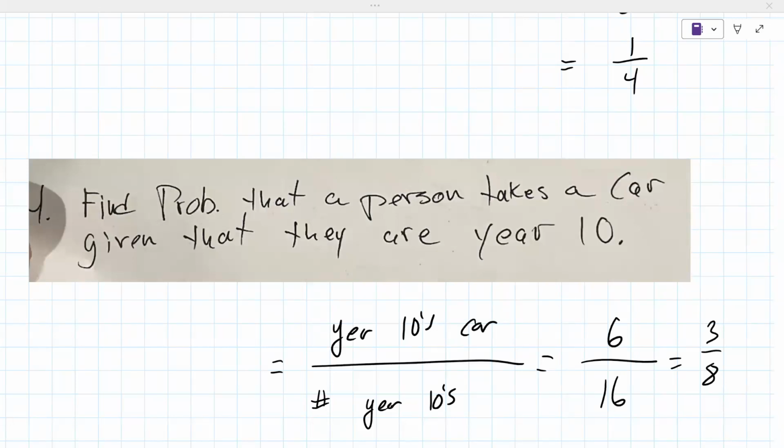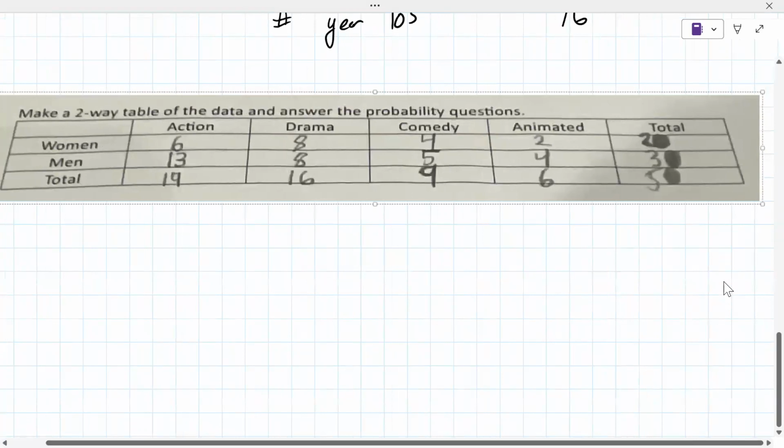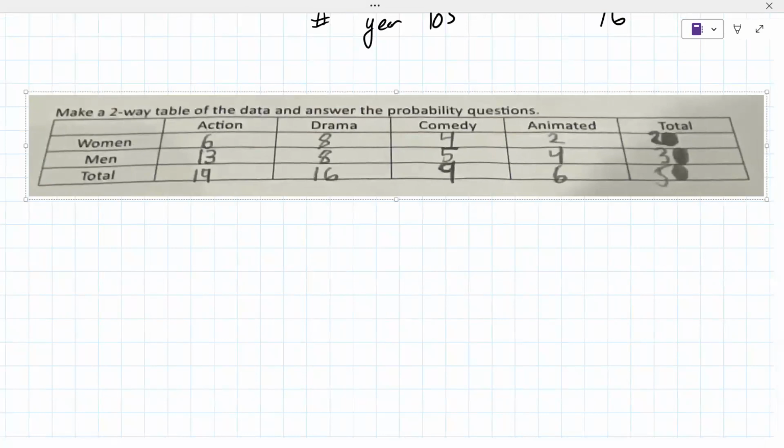All right. Let me snip in the table. Okay. All right. So let's see here.